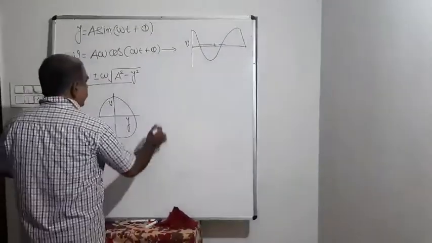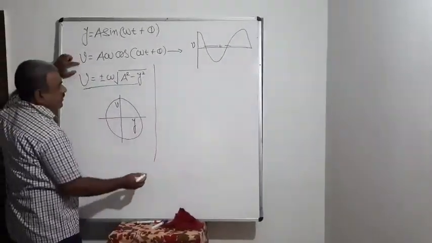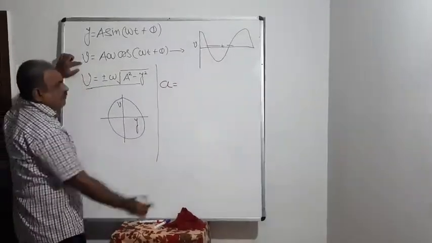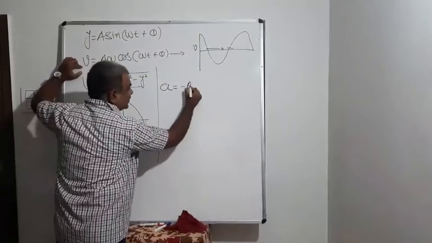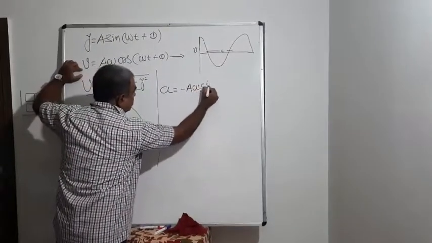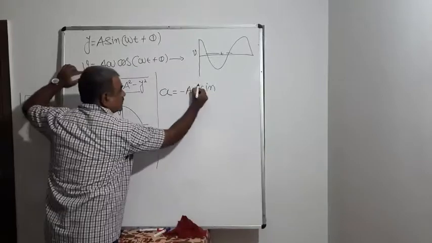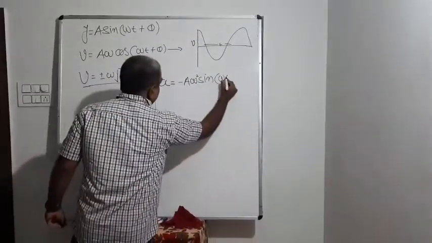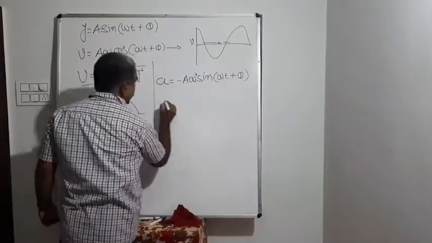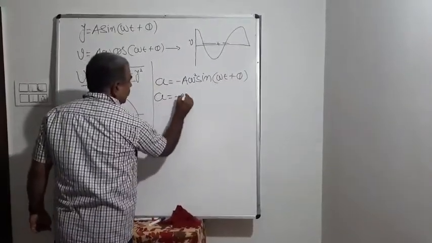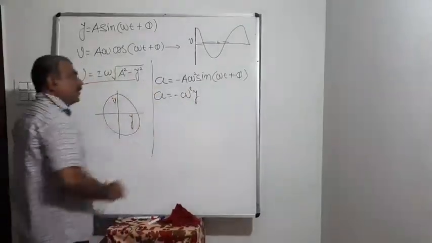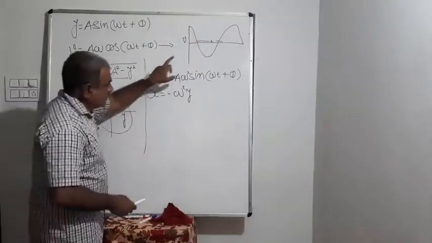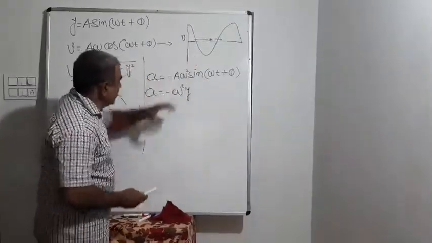Similarly, if I differentiate the velocity equation, what I'll get? Acceleration a, which is the time derivative of velocity, so it will be −Aω² sin(ωt + φ), or a is equal to −ω²y. Yes, acceleration time dependent equation is a sine curve.